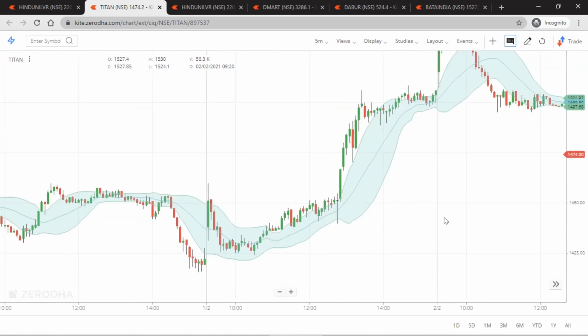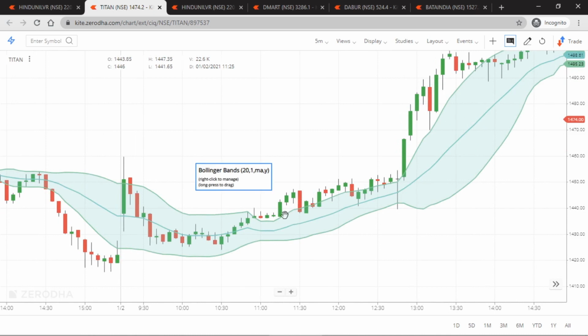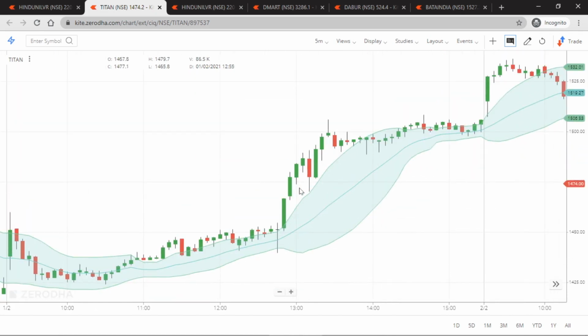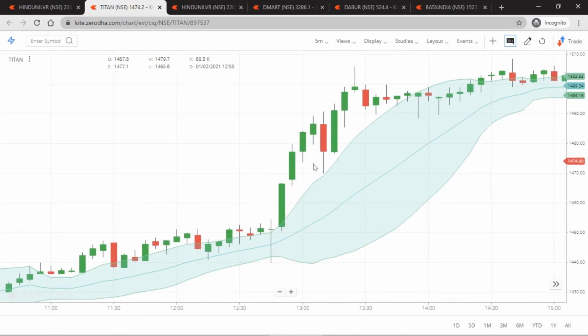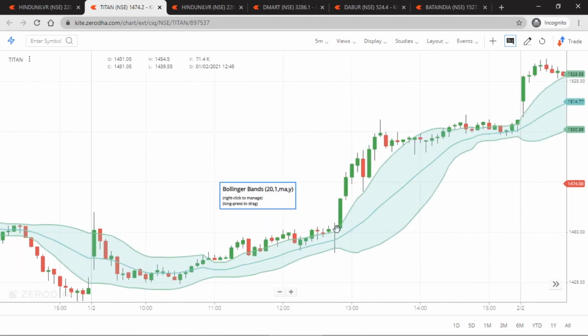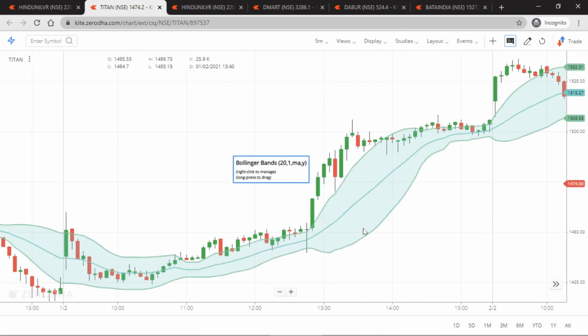As you can see from here, when the bands contract, there is low volatility on the stock, and when the bands expand, the volatility of the stock increases and it moves furiously in a certain direction. Like here, it is an uptrend, and when the bands start expanding, the uptrend becomes a little strong and it went up from here to here.